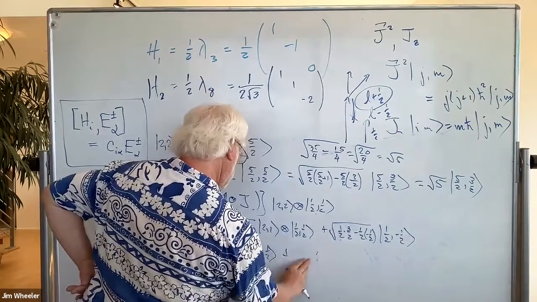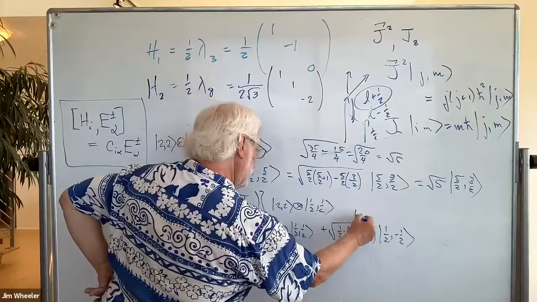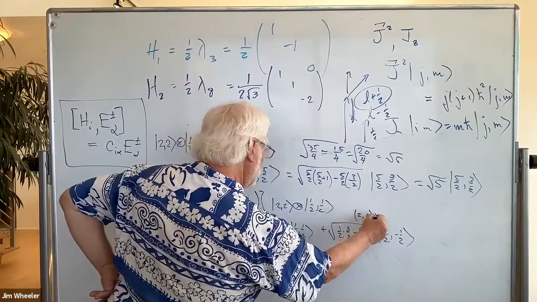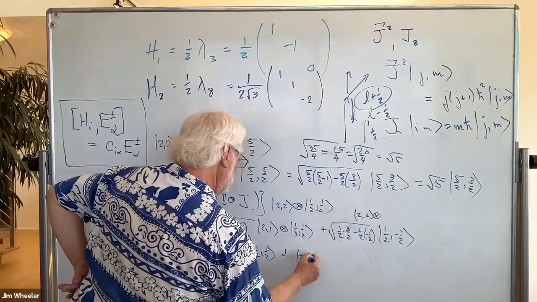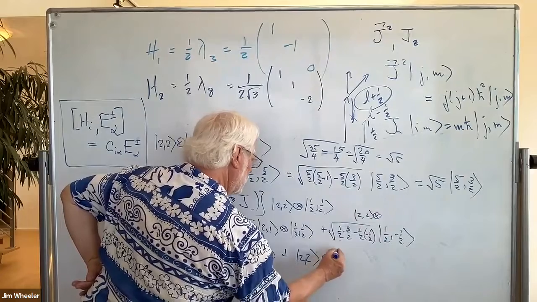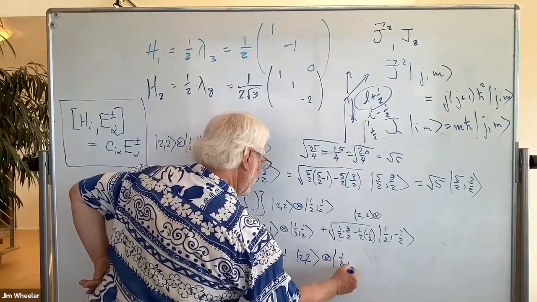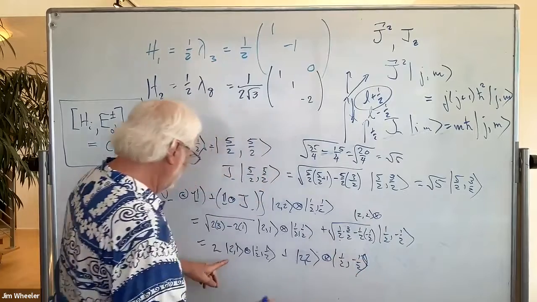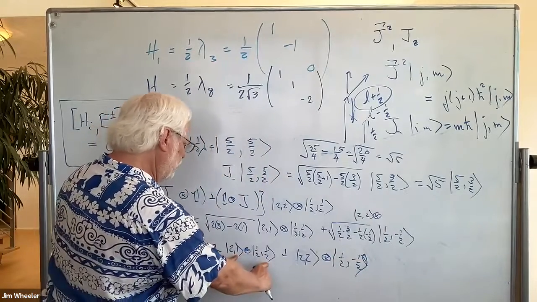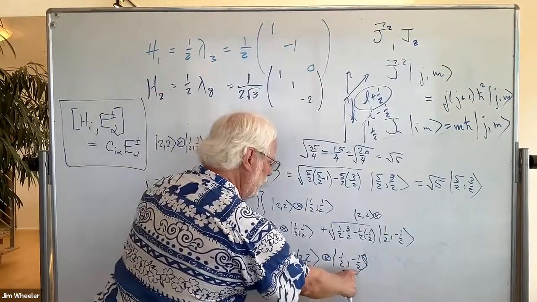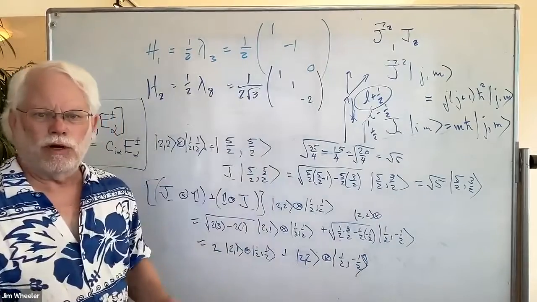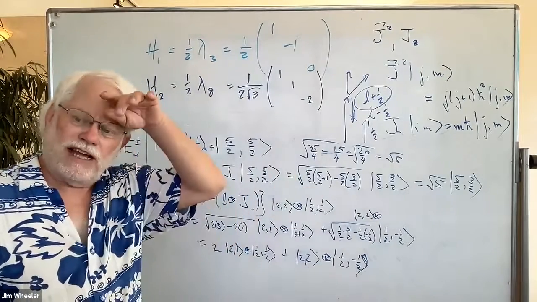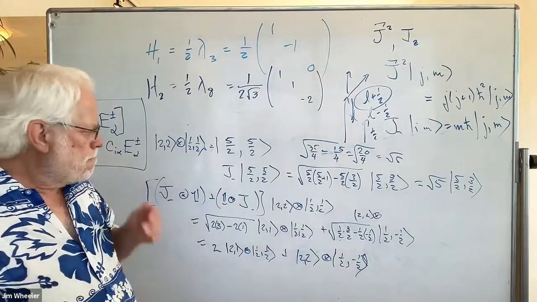Sorry, still the product here. There's the 2, 2 here, so 2, 2 times 1/2 minus 1/2. And notice that the m's always add up here. 1 plus 1/2 is 3/2. 2 minus 1/2 is 3/2 as well. So we always preserve that z component overall.